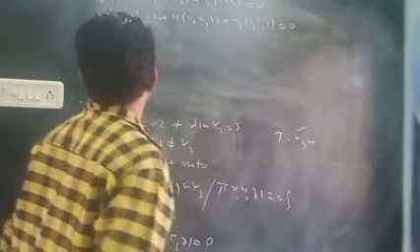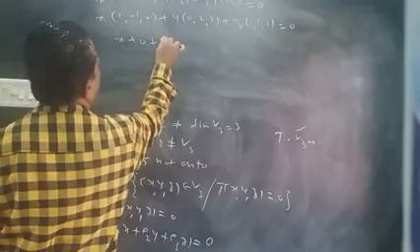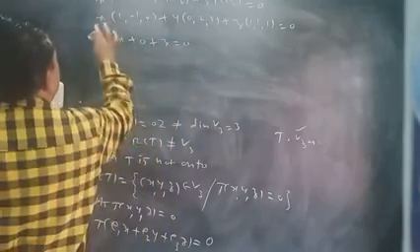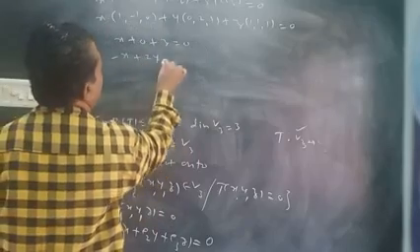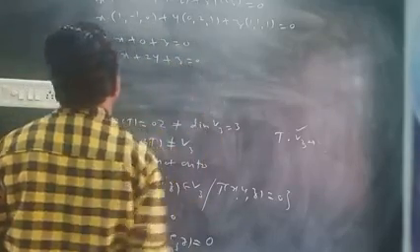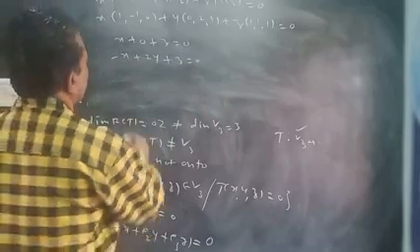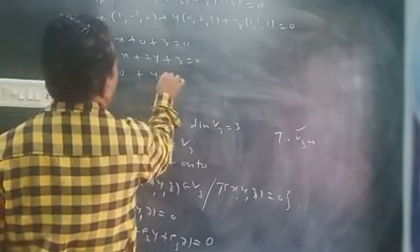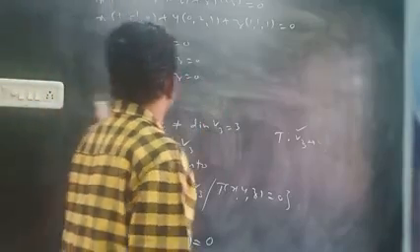Now solve. The equations: x plus 0 plus z equals 0; second, minus x plus 2y plus z equals 0; and third, 0 plus y plus z equals 0. So we have three equations.